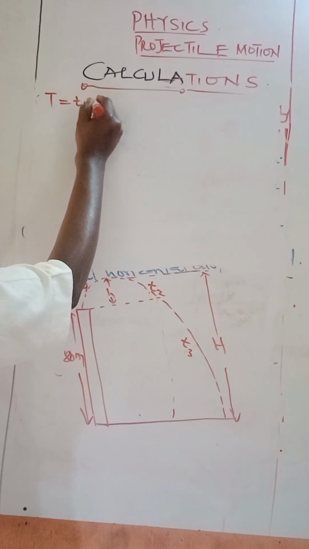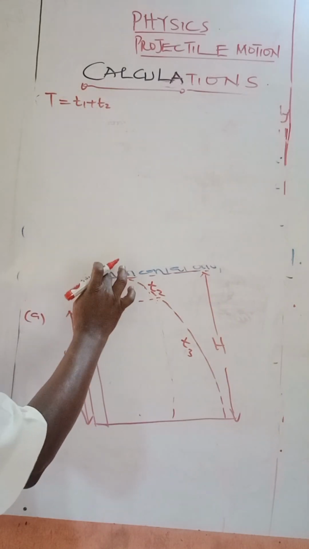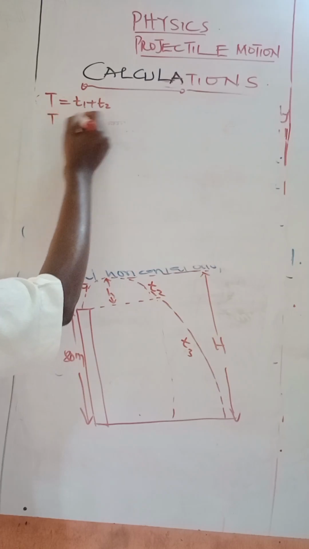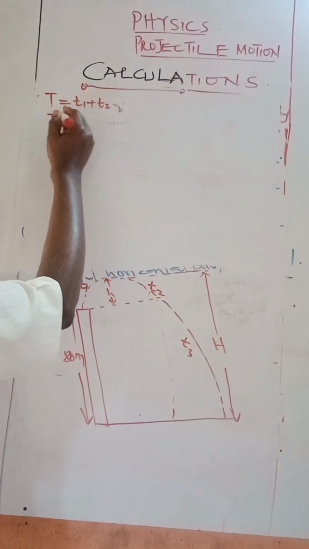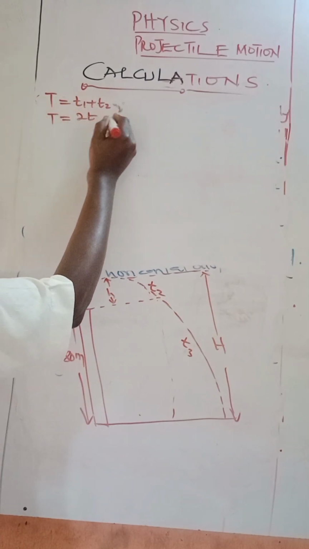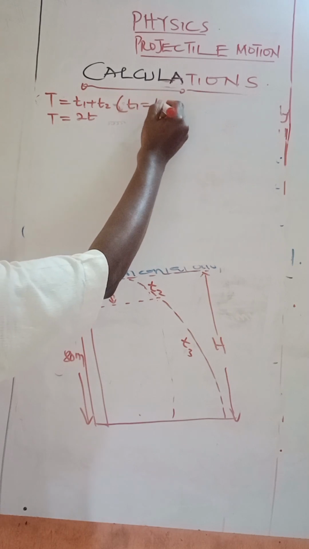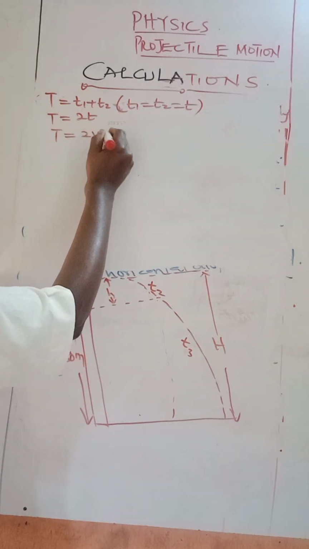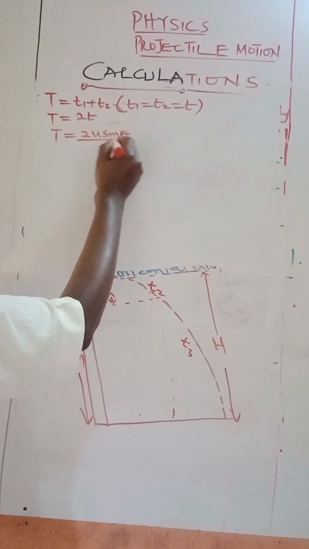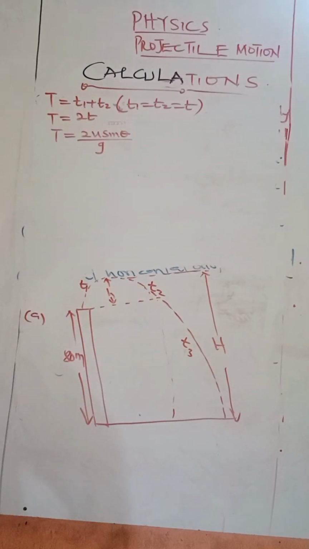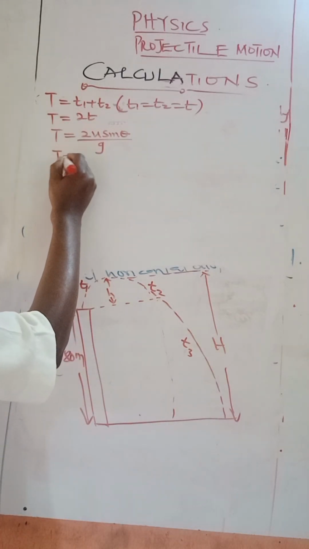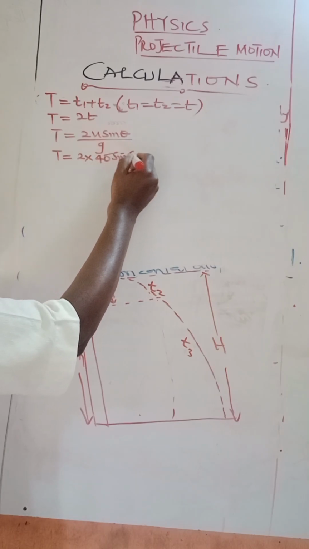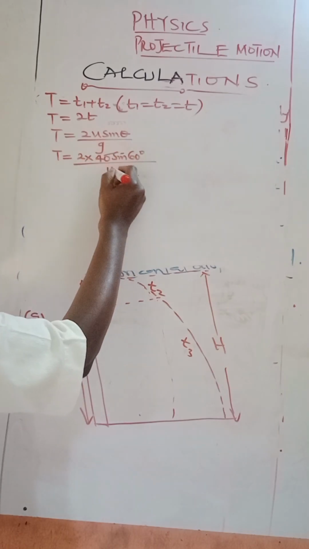T is equals to T1 plus T2. The time taken for upward is equal to the time taken for downward, so let me call it 2T, because T1 is equals to T2. So total time of flight is 2u sin theta all over g. So T is equals to 2 times 40 sin 60 degrees, everything over 10.